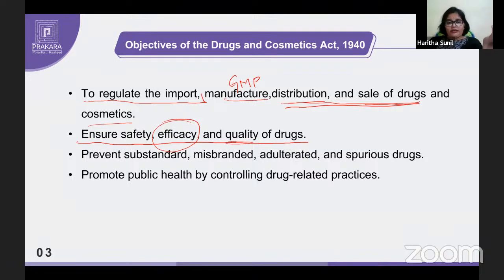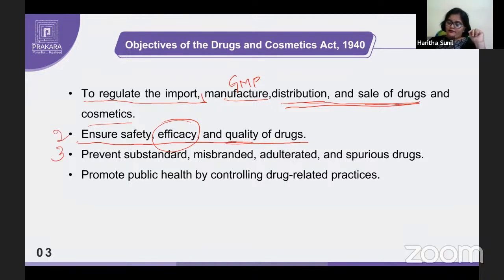Coming to the quality of the drug, it should comply with quality standards, which ensures that the drugs meet specifications regarding their strength, purity, as well as stability. There should also be continuous monitoring through quality control and assurance processes. So this is the second objective.